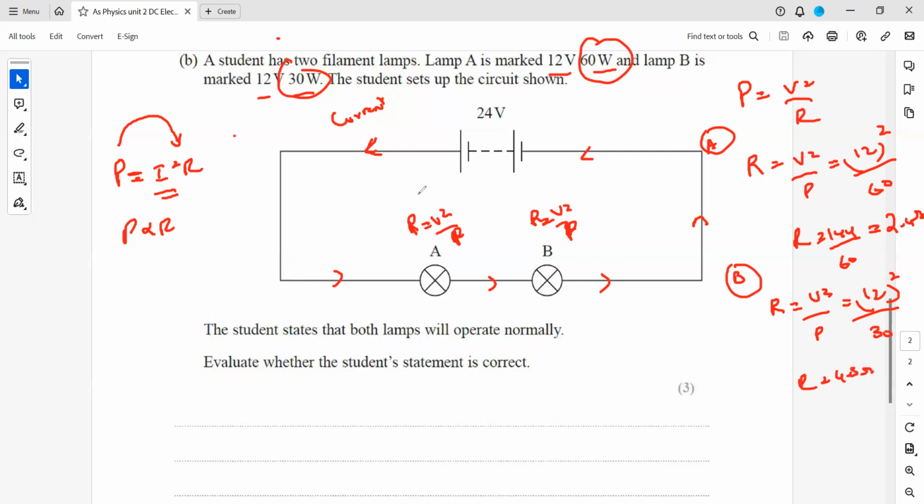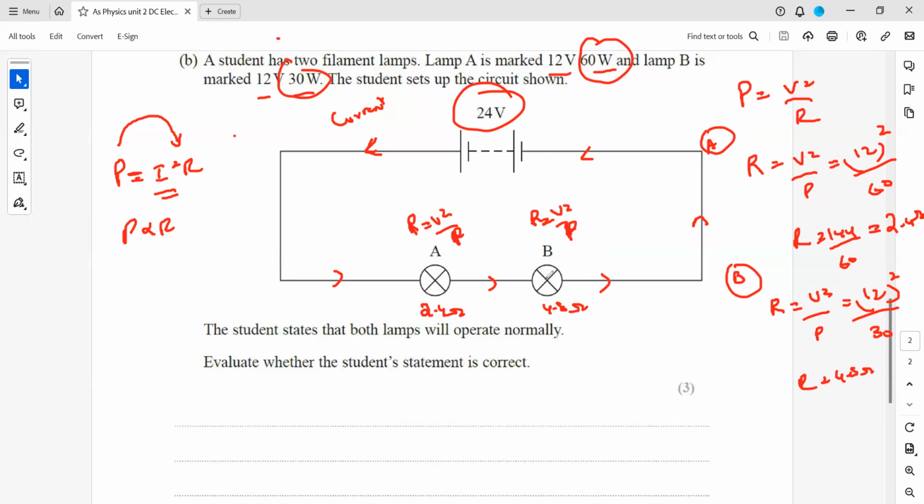Now A has a resistance of 2.4 ohm and B has a resistance of 4.8. When two components have different resistance, the voltage will divide unequally. When two components are connected in series, the voltage divides between them, and if they have different resistance, the division is unequal.